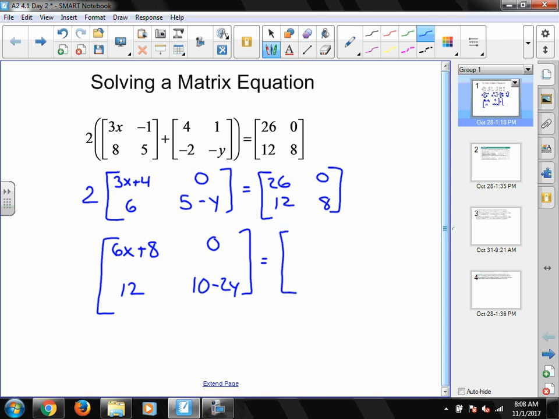And that is going to still stay the same on the right side, so 26, 12, 0, and 8.